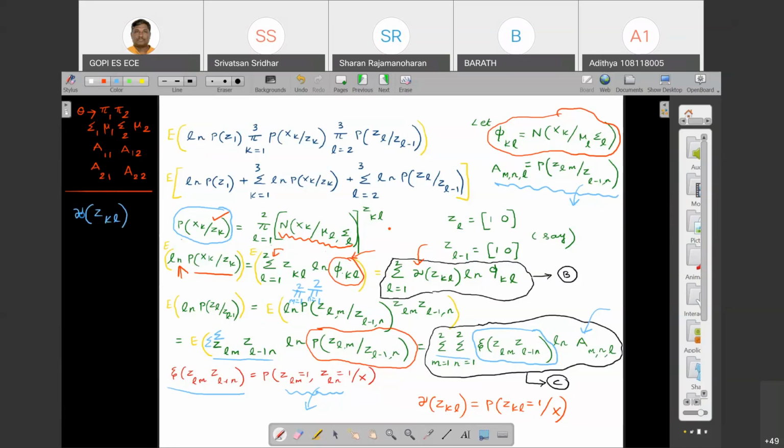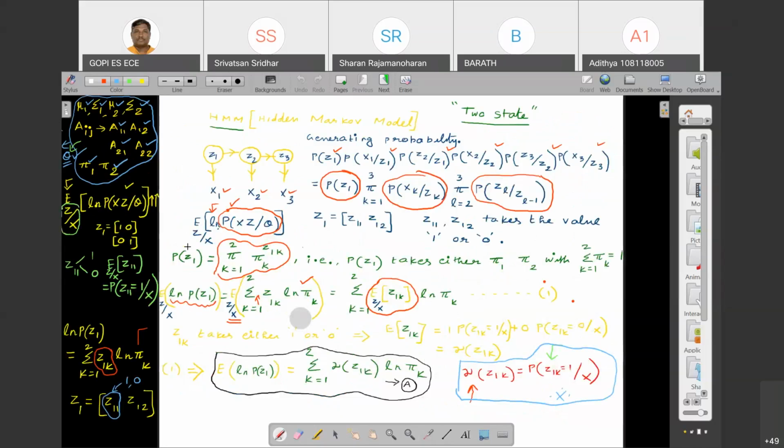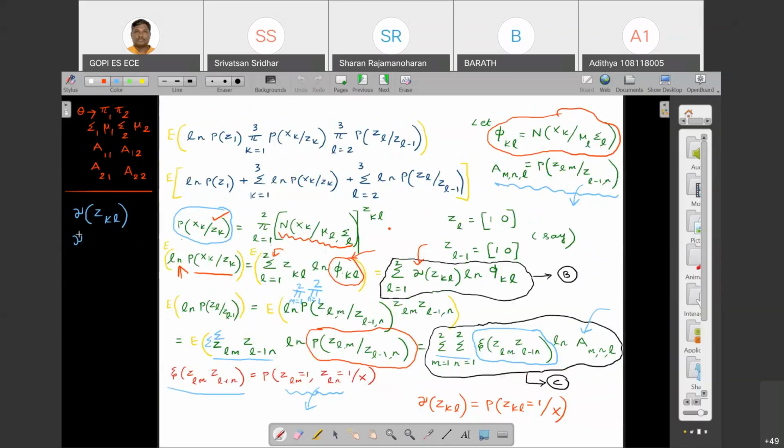So in the first equation, we have what is called gamma of Z_1K, and then gamma of Z_KL, and then we have what is called zeta of Z_LM and Z_LN. So these additional parameters we actually got by doing this, right? So now the parameters are increasing. We are interested in finding this parameter, but this parameter is introduced in this expression.